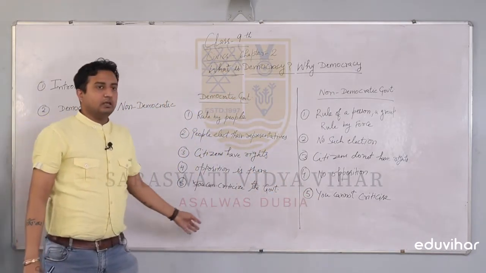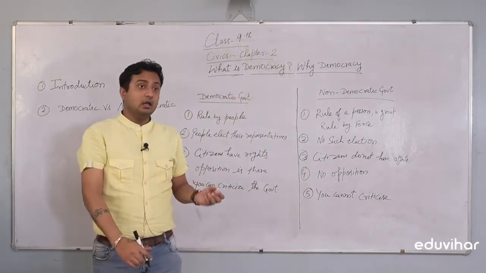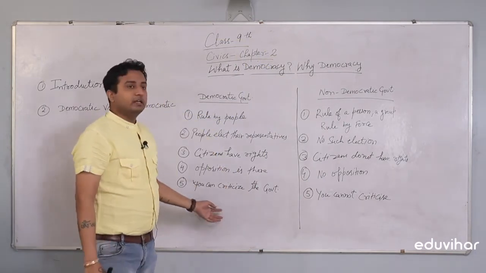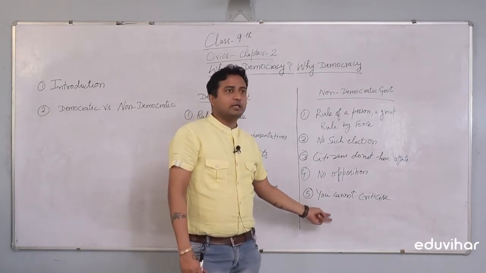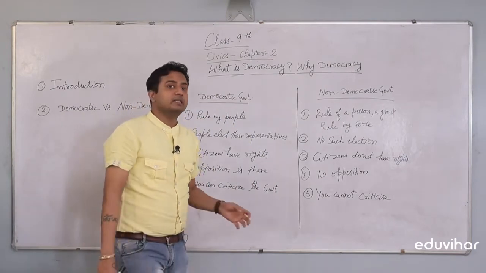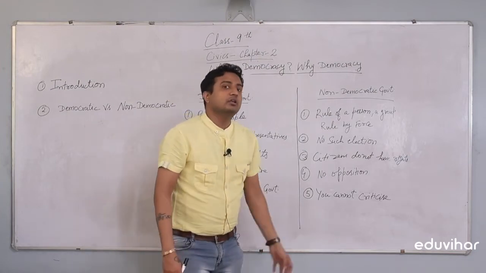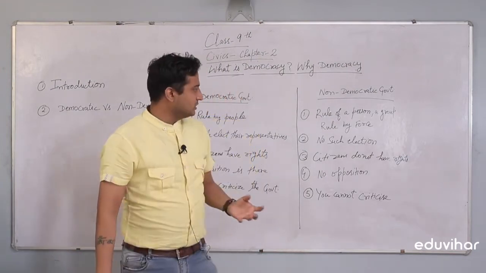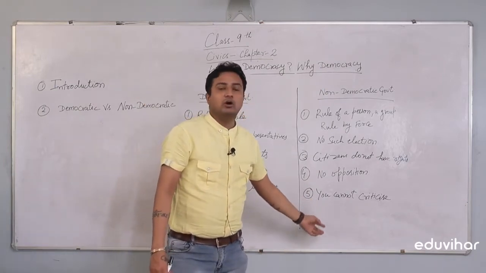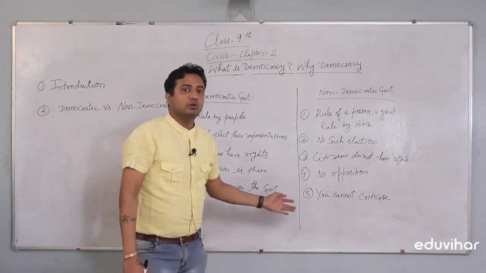In a democratic government, you can criticize the government, you can criticize the decisions of the government. If you are not liking the decision, if you are not liking any law, you can definitely criticize the government. But in a non-democratic country, you cannot criticize the government. If you criticize the ruler, you will be severely punished. Such autocratic or dictatorship regimes do not tolerate criticism of the government by their own people.